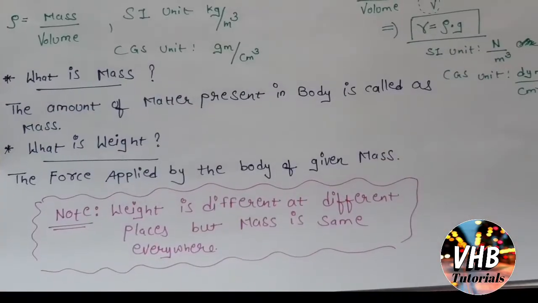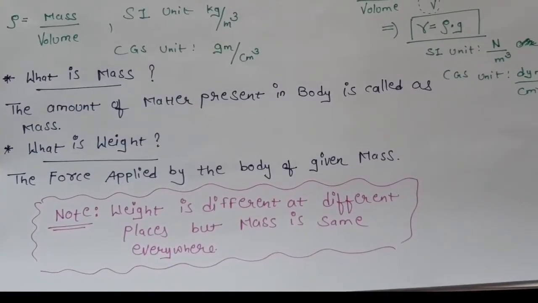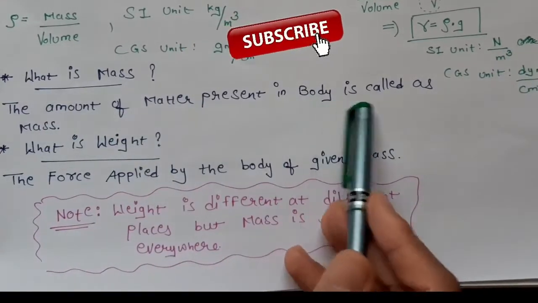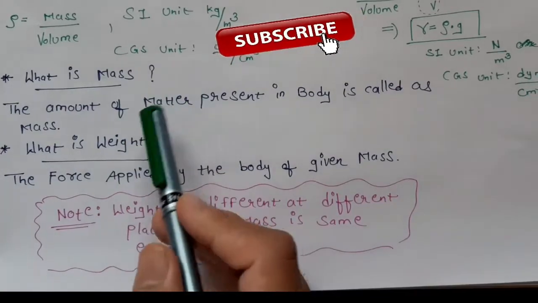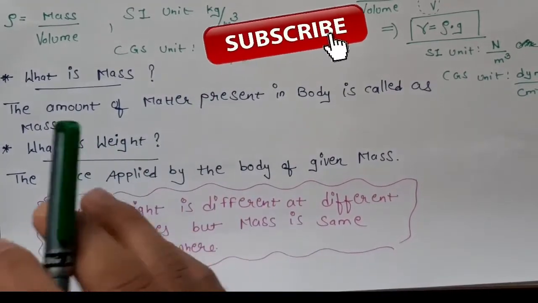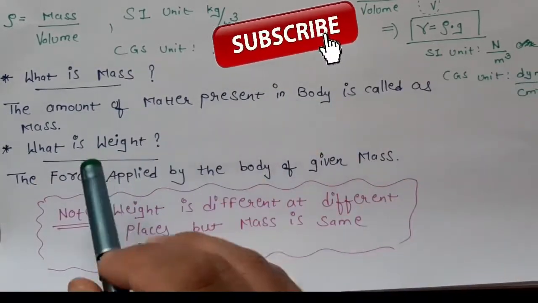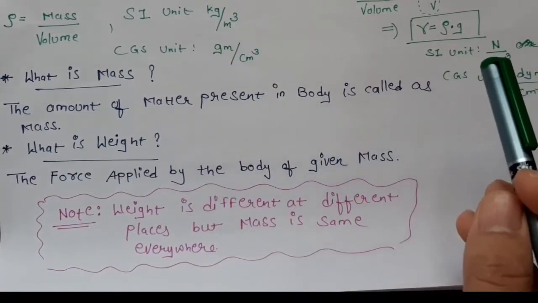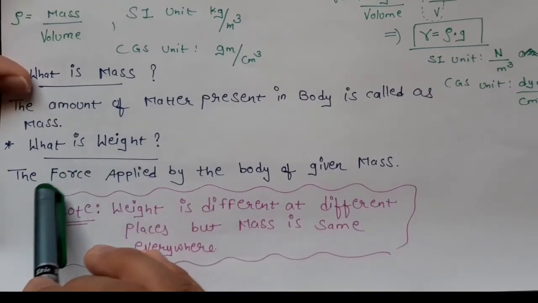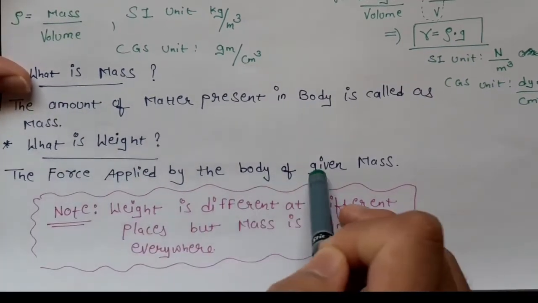Now a first question arises in our mind, that is, what is mass? The amount of matter present in a body is called mass. Mass at different places remains the same, and weight is different at different places. So what is weight? Weight means the force applied by the body of the given mass.